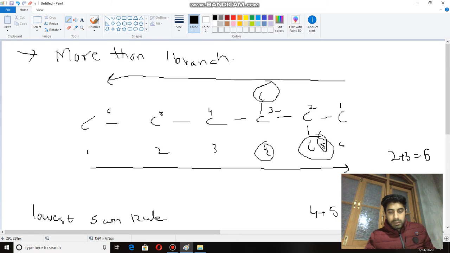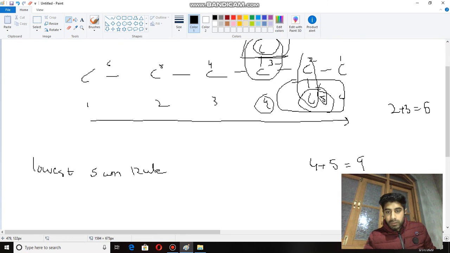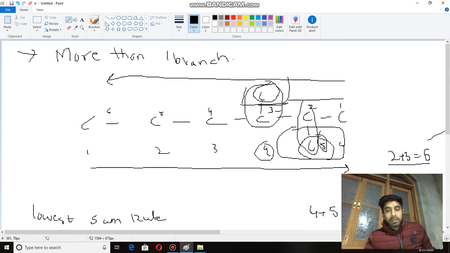That means the sum of the locants of the branches should have a minimum possible value. So when we number this chain from here, this sum was 2 plus 3, that is 5, and when we number this chain from here, it is 4 plus 5, 9. So the correct way of numbering my parent chain is this, not this. I hope I am clear.